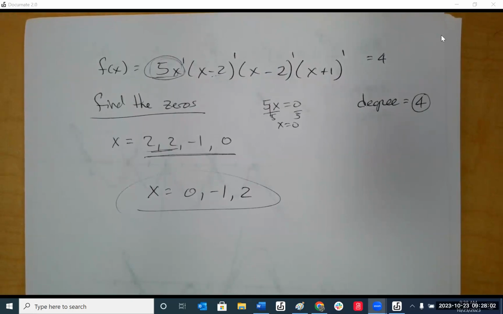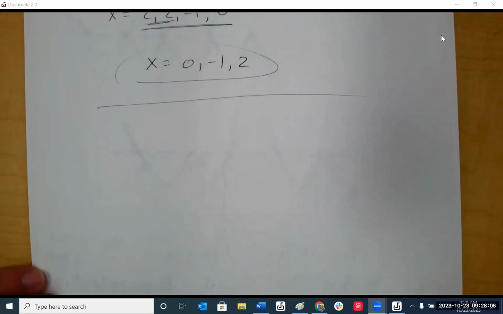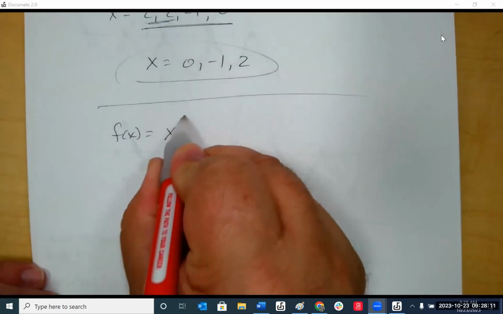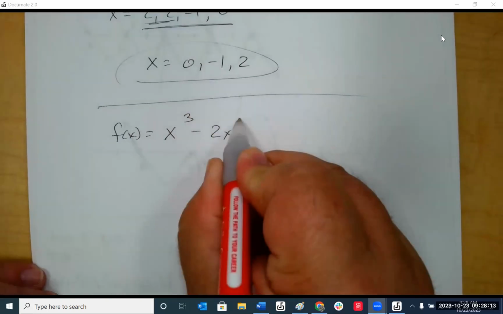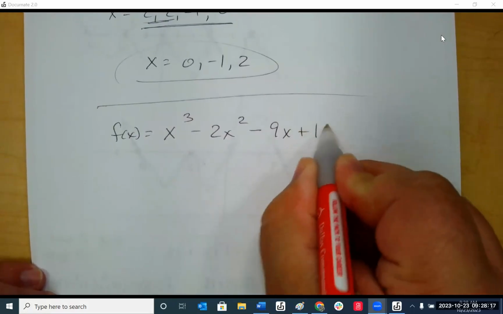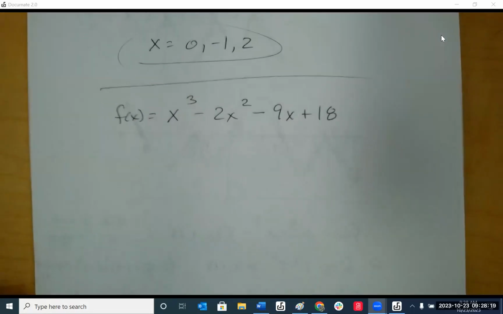I got you. We'll do one more grouping. X cubed minus 2x squared minus 9x plus 18.